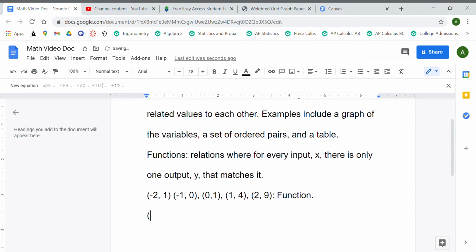Why don't you try it out? Is this a function? Take a guess. See for yourself.